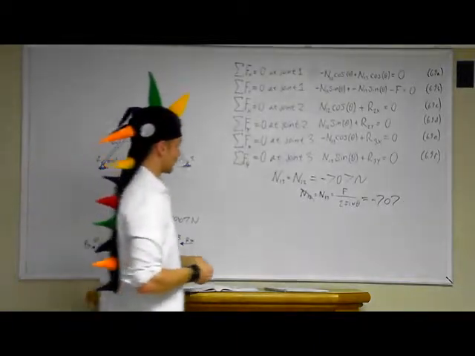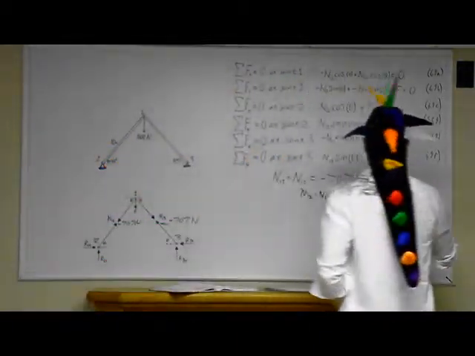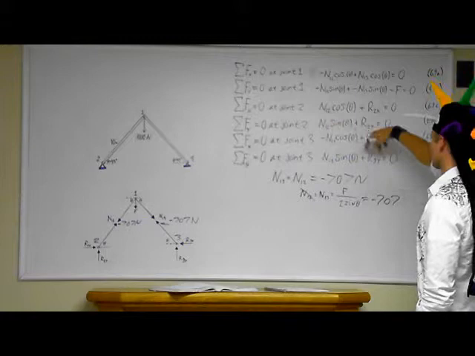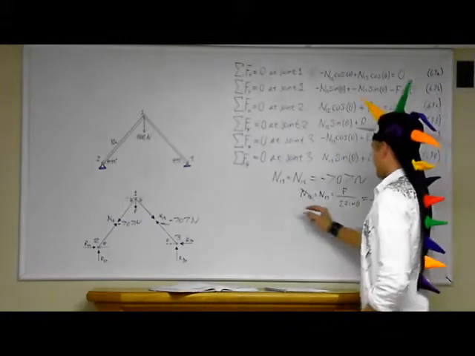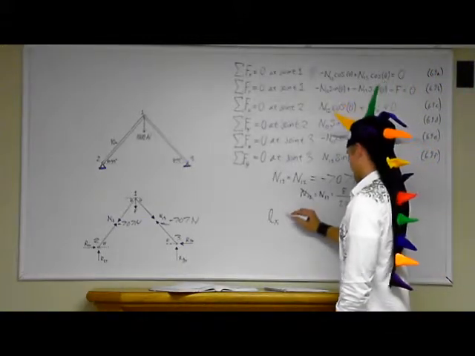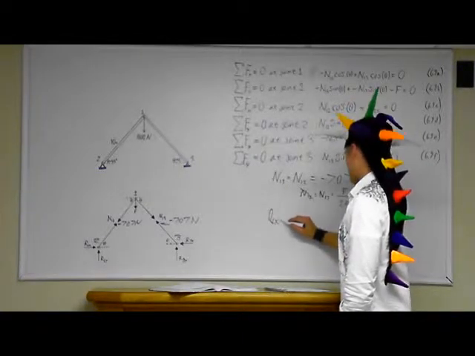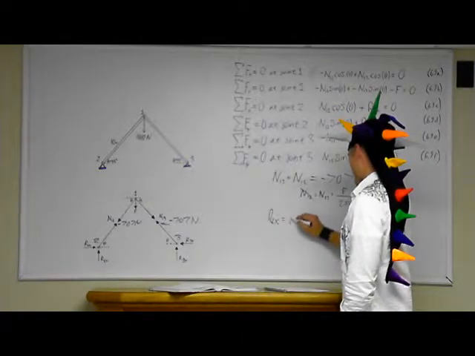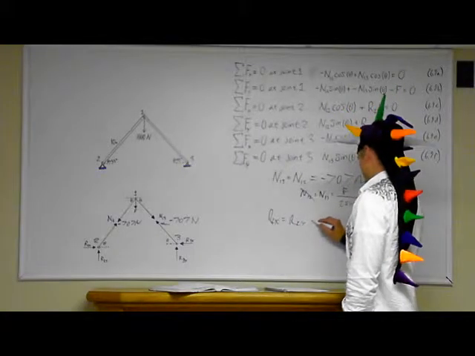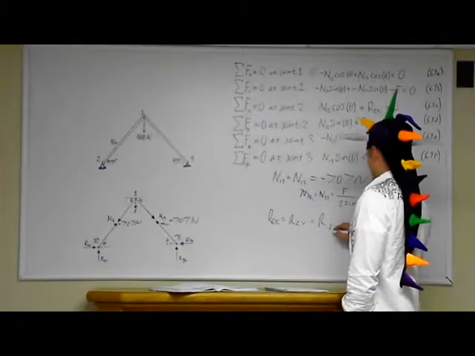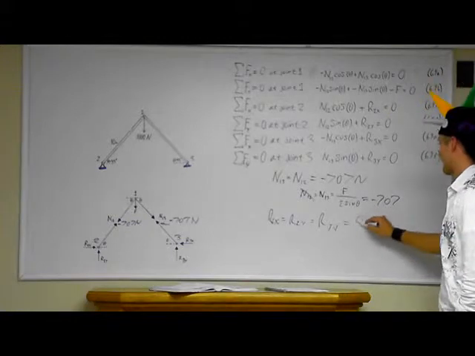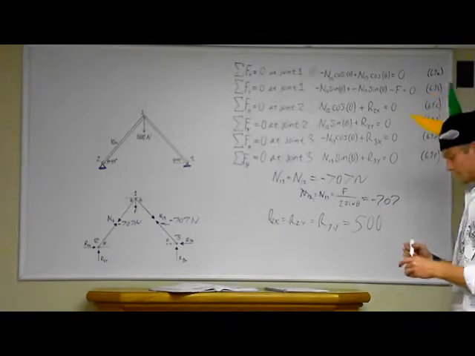Okay, now if we substitute that value for either N12 or N13 in any of these equations, we're going to get, like I already stated, R2x is equal to R2y is equal to R3y, which is going to be equal to 500 newtons when we do that substitution.